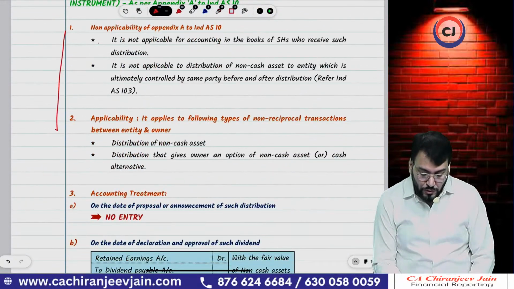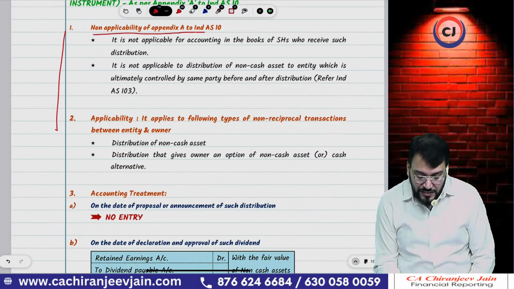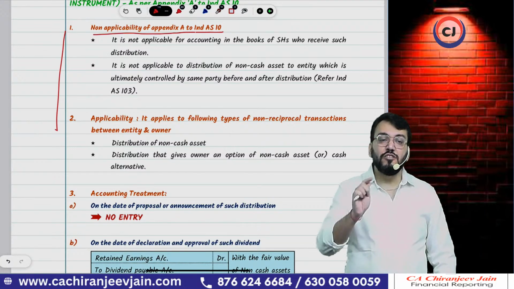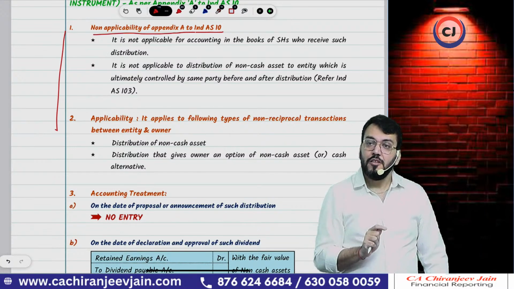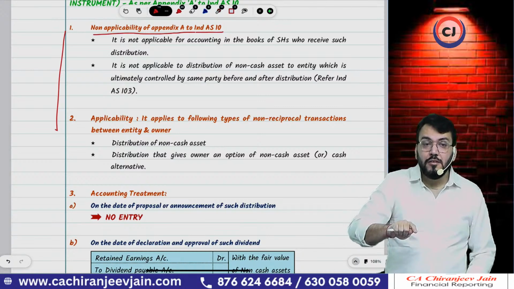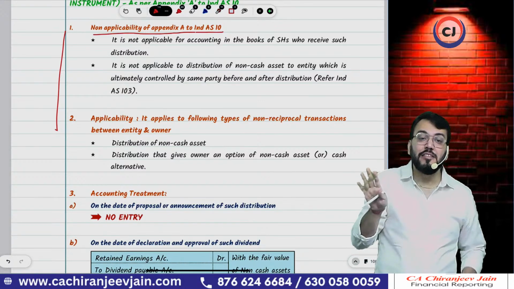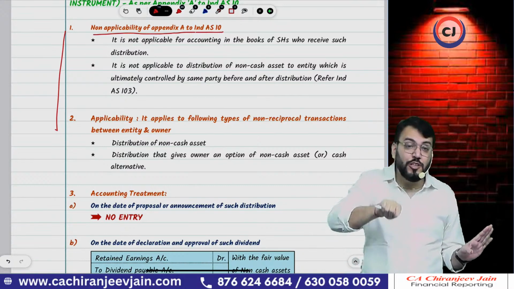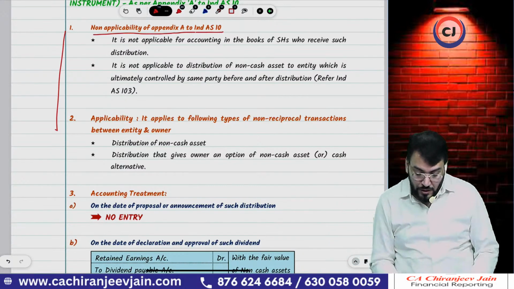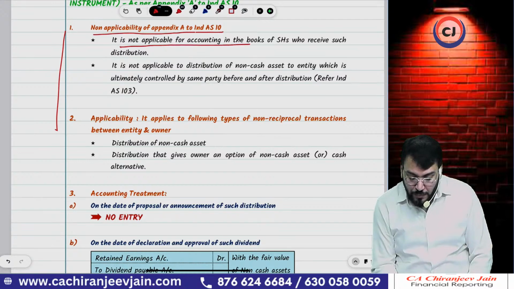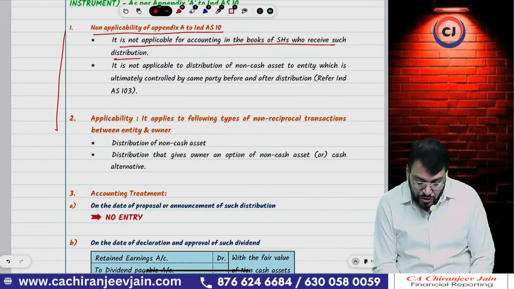What they have given: non-applicability of Appendix A to Ind AS 10. This is not applicable in the books of shareholders. Appendix A is only applicable in the books of the entity that is distributing the non-cash asset. It is not applicable for accounting in the books of shareholders who receive such distribution.